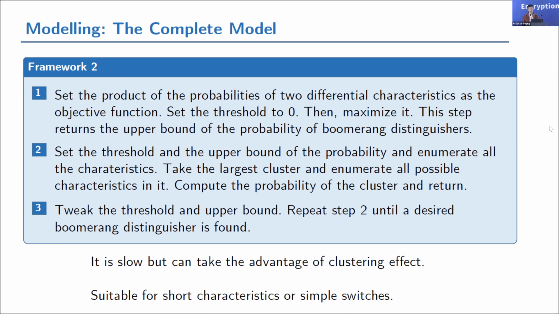Then we enumerate all the characteristics and count the number of the characteristics. Then we return the largest cluster as the result. Due to the enumeration, this framework is slow, but can take advantage of the clustering effect.